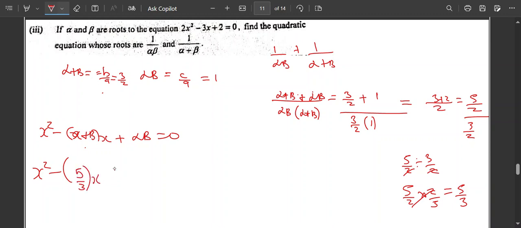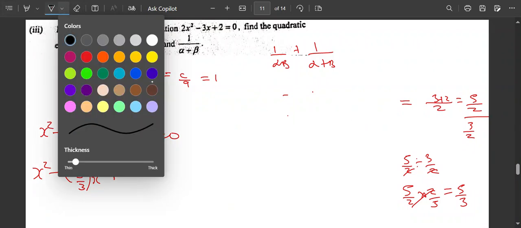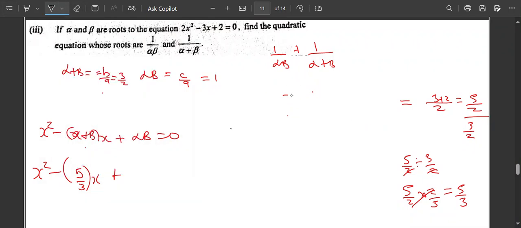then x there we attach, then plus, we are remaining with the product now. So how do we get the product now? We are multiplying these two guys. So multiplying these two guys, we are getting 1 on top there. Then we have alpha beta, then being multiplied with alpha plus beta, like that.